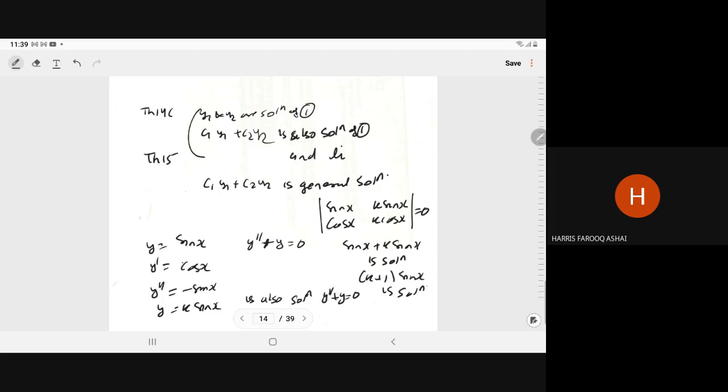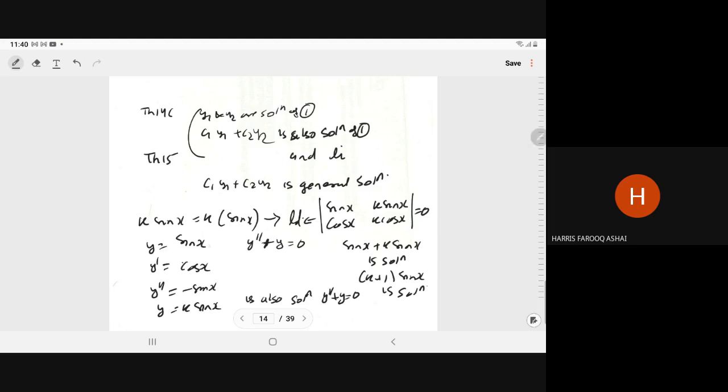We know that k sin x is k times sin x, a constant multiple of it. So both imply that sin x and k sin x are LD. But for the general solution, they must be LI.